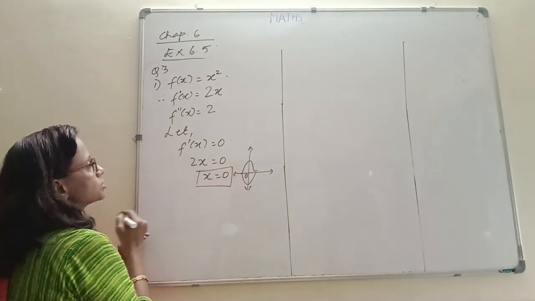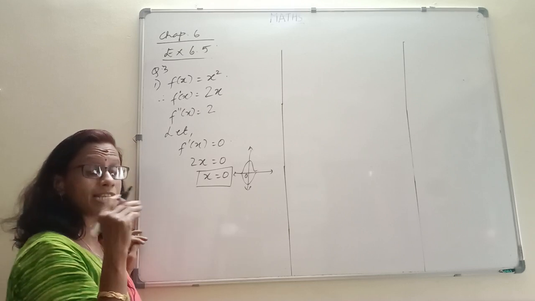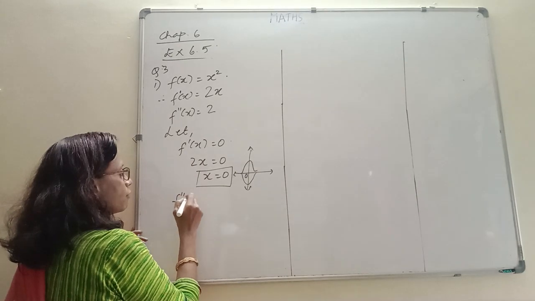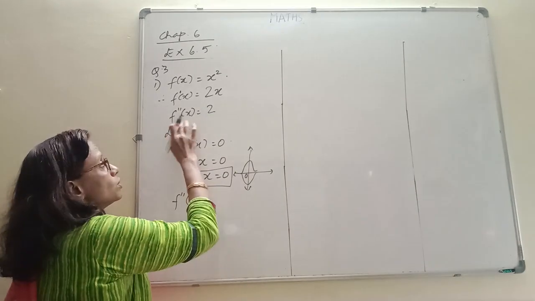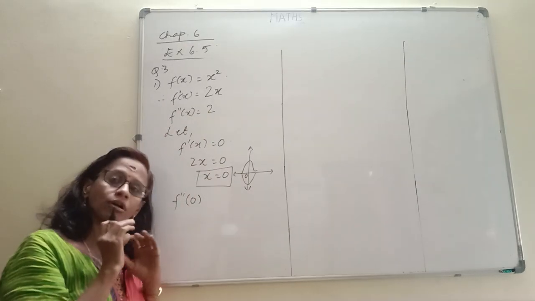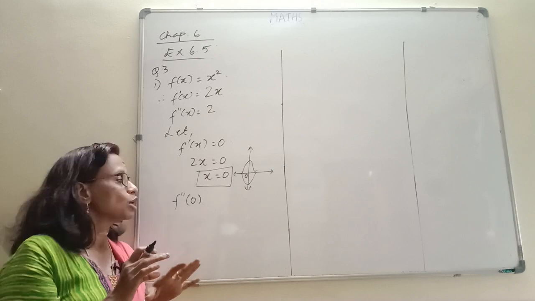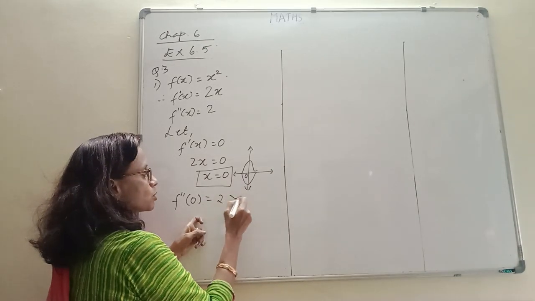Having got this x equal to 0, we will check whether it's a maxima or minima. The way we check is you take the second derivative and substitute. So we will find out f double dash at 0, the second derivative at 0. You know that f double dash of x is 2 for any value of x. No matter whatever value of x you put, it is 2. So in particular at 0 also it is 2, which is positive.